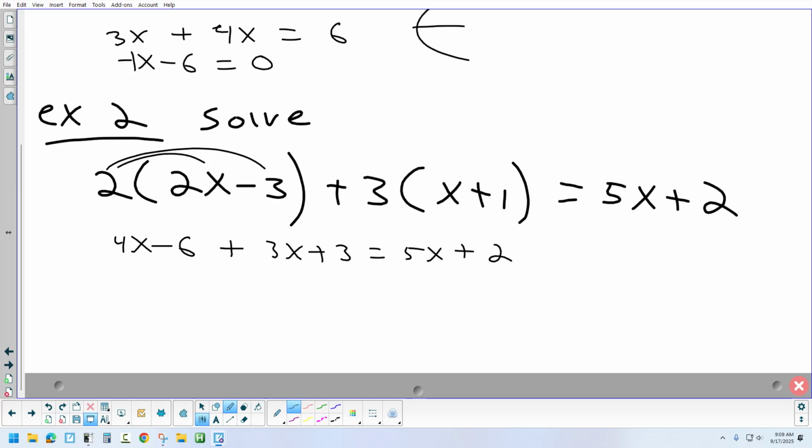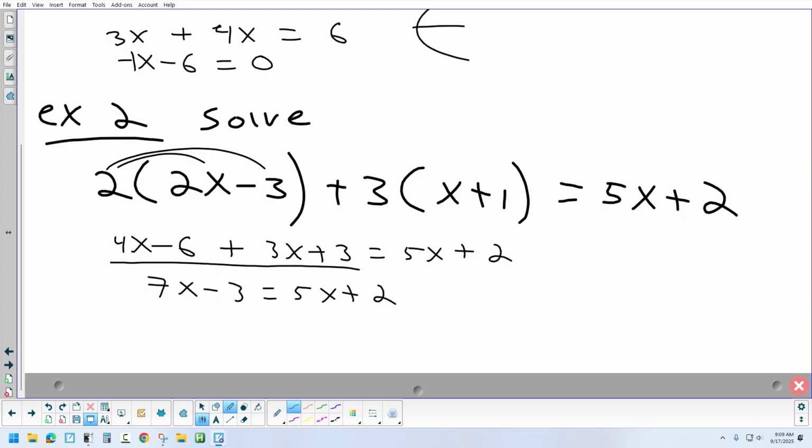Okay, Layla, how about my next step? Where do you see some like terms? So if you combine all that together, whatever you can, what would you get on the left side? 7x. So we got 7x, and then negative 6 plus 3 gives me minus 3. Good.